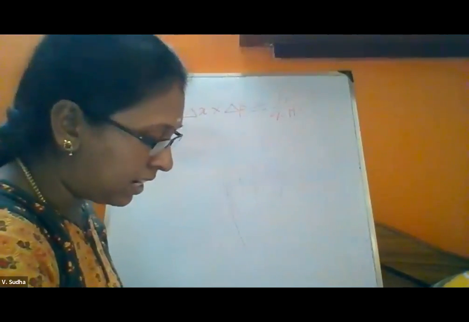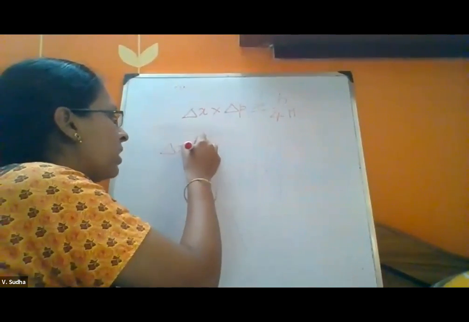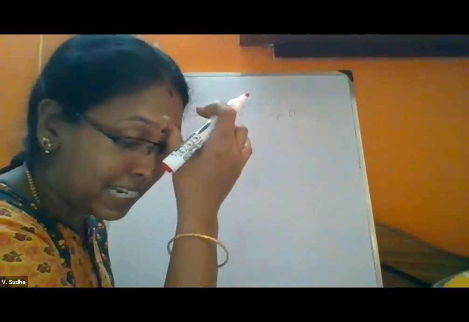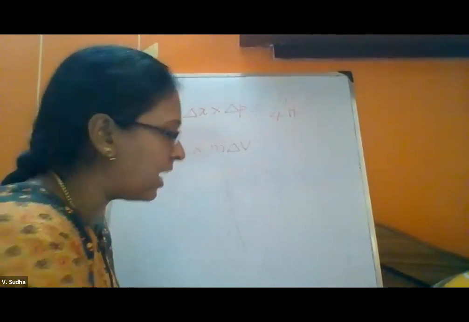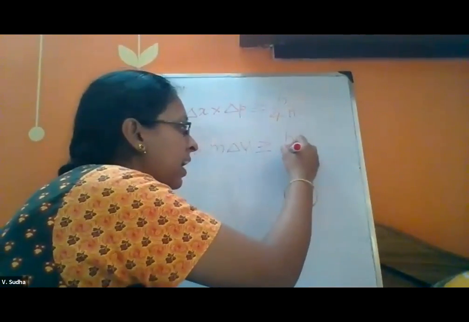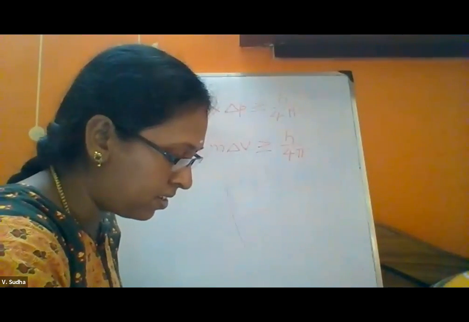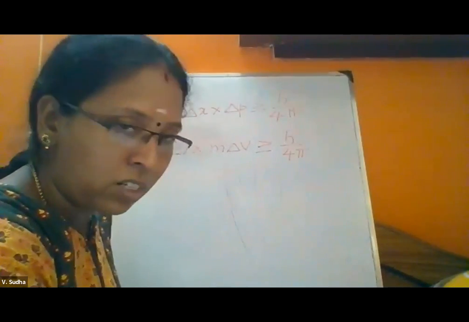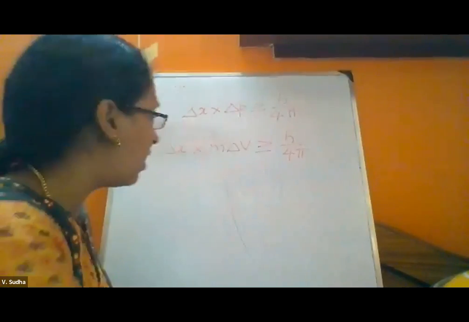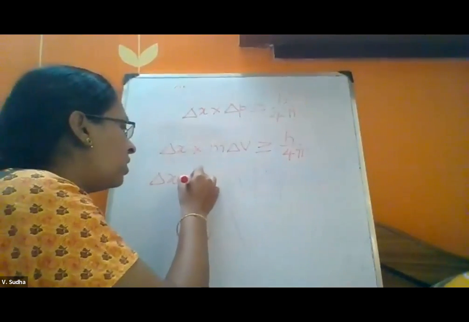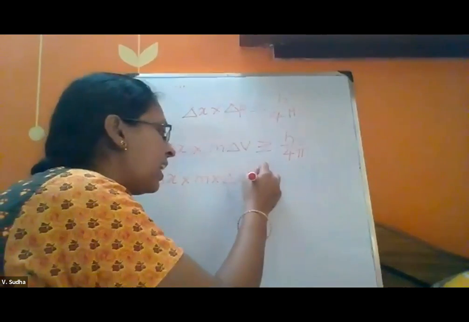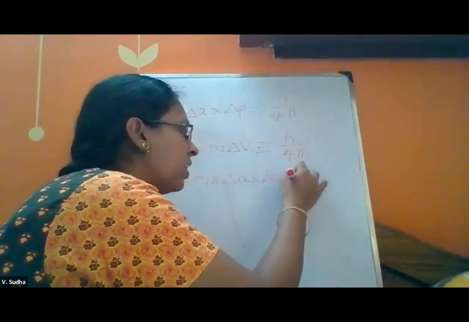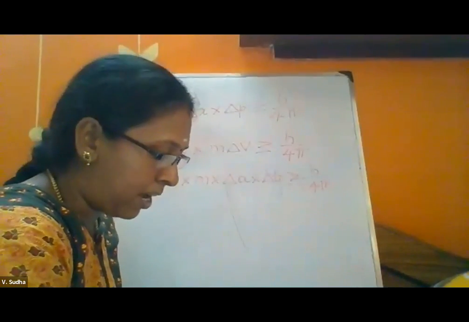What is p? Momentum. Momentum can be replaced by m delta v. So delta x into m delta v is greater than or equal to h by 4 pi. What is delta v? Velocity is equal to acceleration into time. So delta x into m into delta a into delta t is greater than or equal to h by 4 pi.